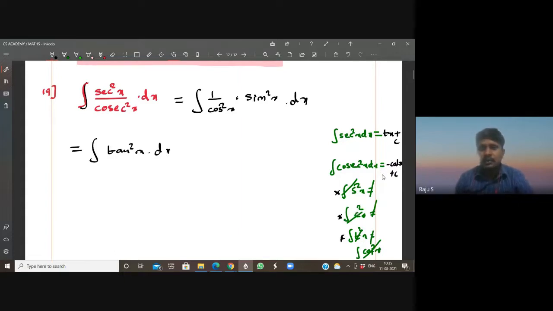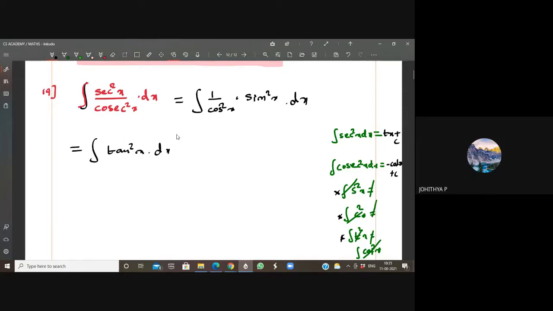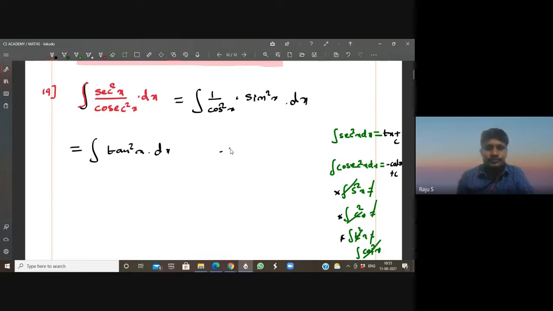Clear, students? Let's see. Here we got tan square x. Is there any formula for tan square x? The derivative of what function becomes tan square? Secant square x minus 1, sir. Exactly. Since we know that 1 plus tan square x is equal to secant square x, with the help of this, tan square x can be written as secant square x minus 1.